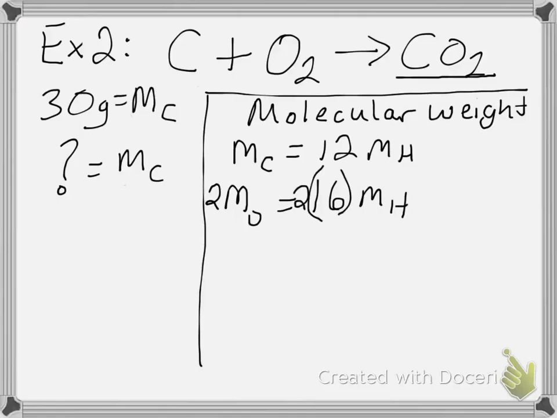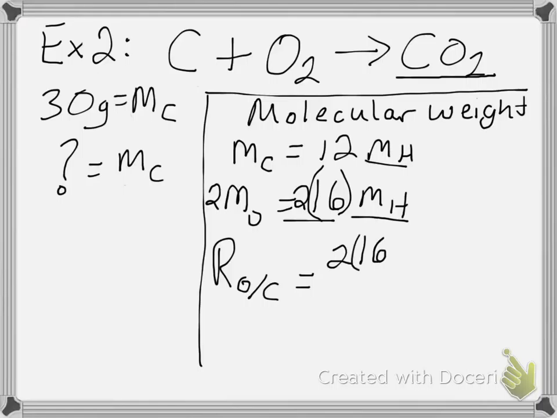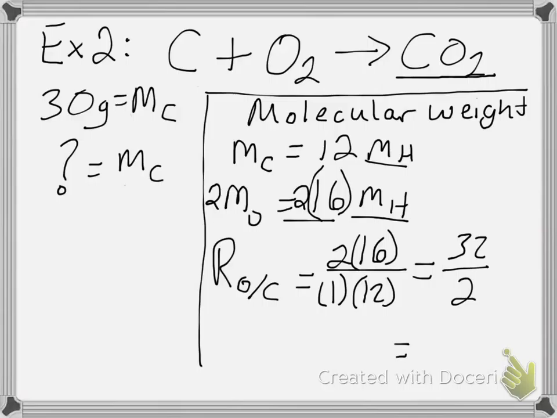In CO2, I can write down the ratio of my oxygen to carbon atoms in terms of the masses of the hydrogen. So the oxygen, I'm going to have 2 atoms, and they're both 16 times the mass of hydrogen. And I'm going to have 1 carbon atom, which is 12 times the mass of my hydrogen. And so this turns into 32 divided by 12, which reduces to 8/3.